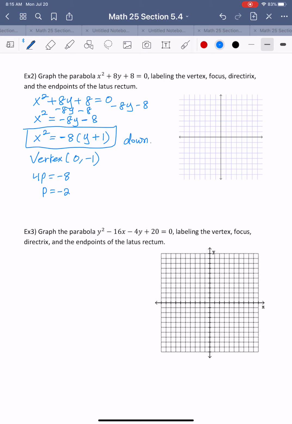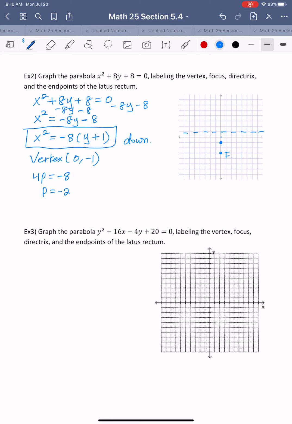So from the vertex (0, -1), you need to go down 2 units to get to the focus. Okay, so from the vertex you go 1, 2, which is the focus, and then you go up 1, 2, and then you get the directrix right there.